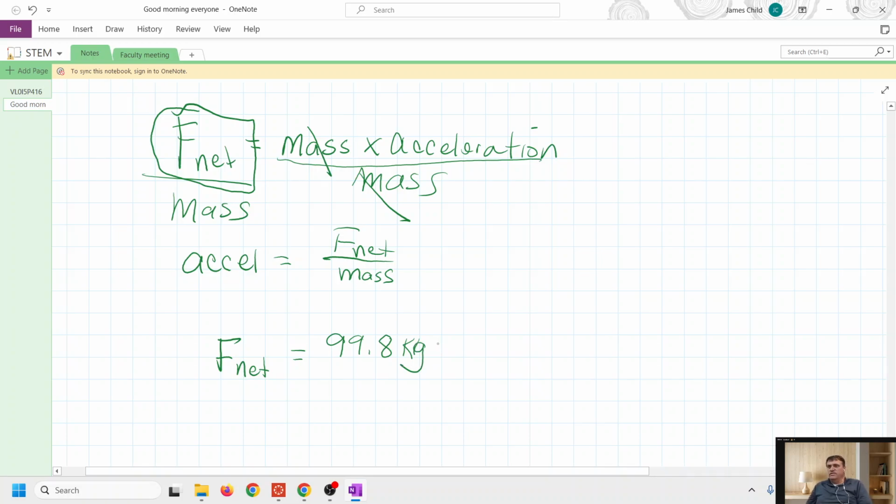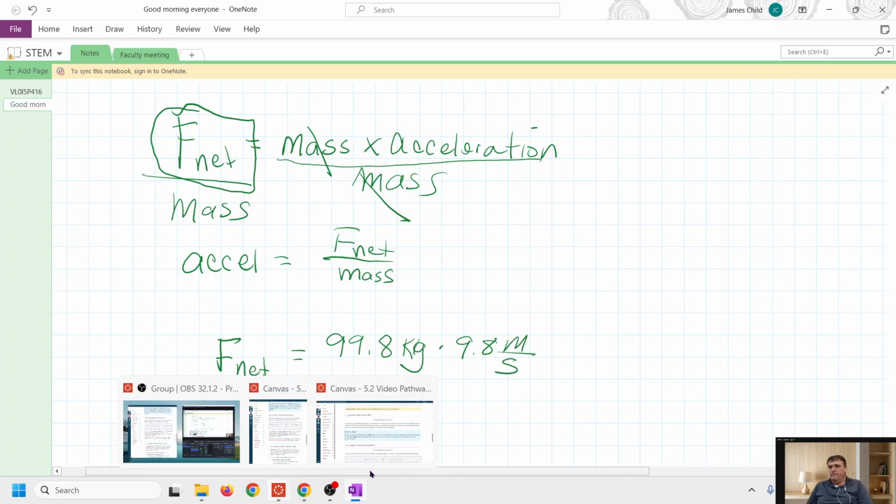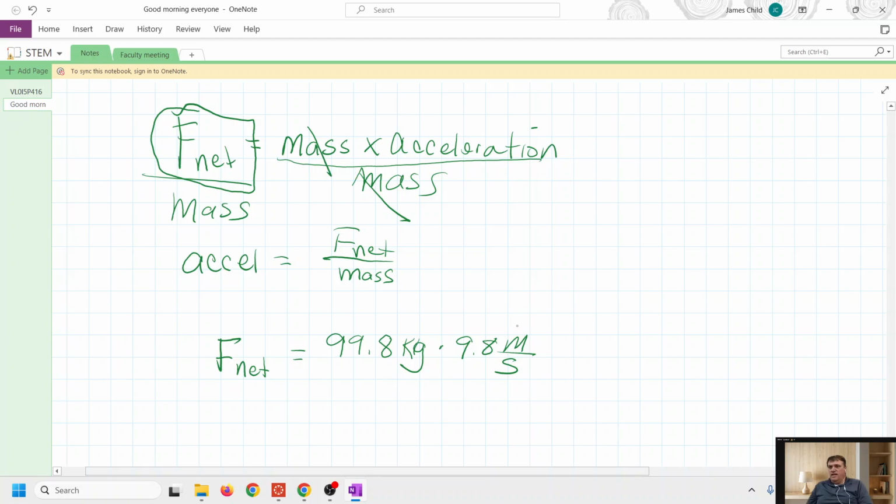And I want to know how much force I've got to apply in order to have an acceleration equal to gravity. So times 9.8 meters per second. I think that's meters per second squared.